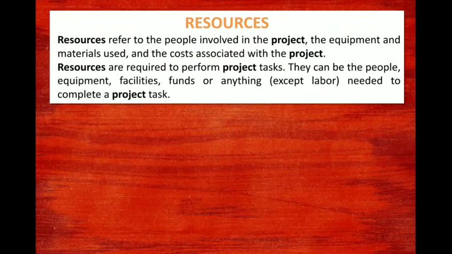In Microsoft Project 2013 that we are using, it supports three types of resources. These are work resources, as well as the two special purpose resources which we can call cost and material. So resources are people, supplies and equipment that enable you to complete the task in the project.